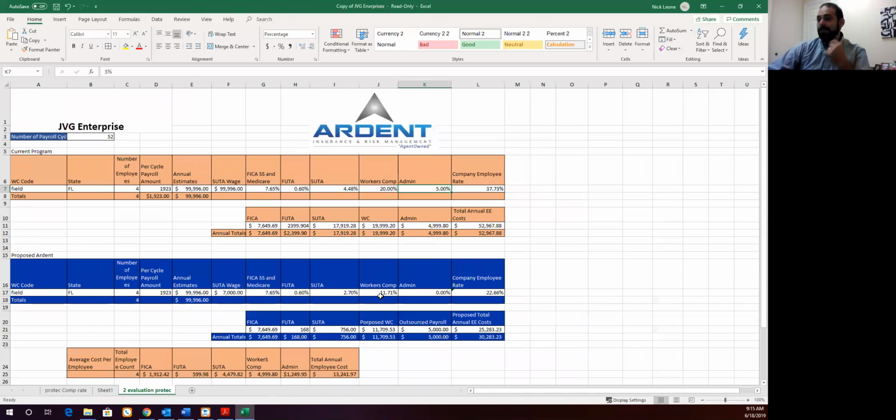Even though it looks like we're going to have to charge more for workers' comp, we're effectively not. We can see that they've got an effective employee company rate per employee of 38% of their costs. I mean, that's a tremendous amount. We're at 22%, and then it'll be 3 points lighter after the cutoff. So that's a tremendous amount of money.